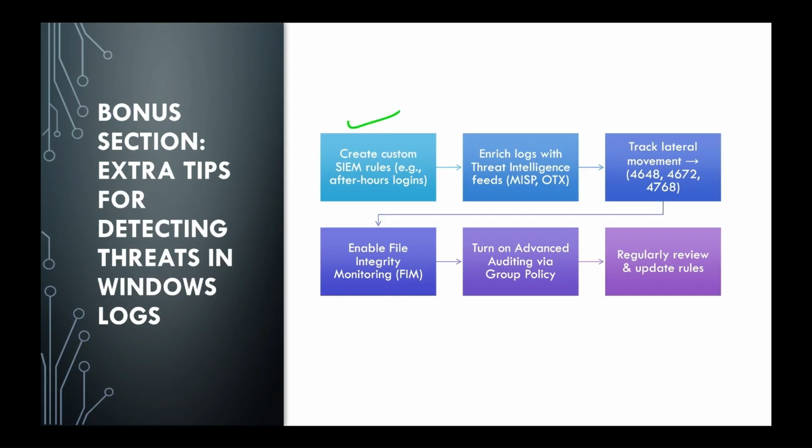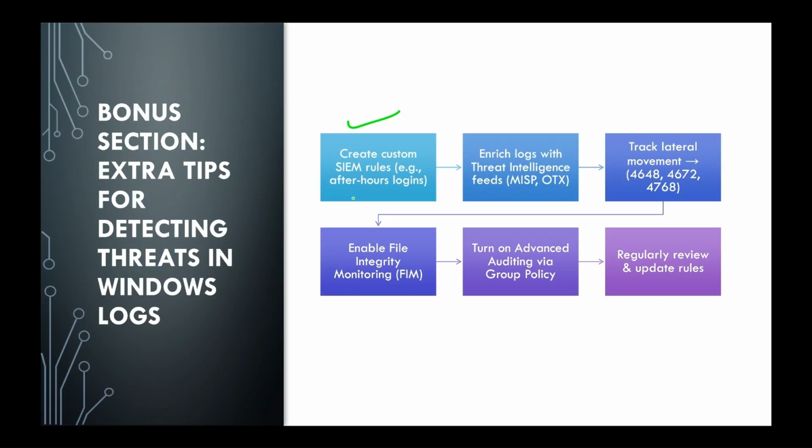So bonus tip number one, leverage custom detection rules in SIEM systems. So once you have a good grasp of the Windows Event IDs we discussed, it is time to take things further by creating custom detection rules in your SIEM platform. Most SIEMs allow you to tailor detection queries to your environment-specific needs, which can improve the accuracy and relevance of the alerts.